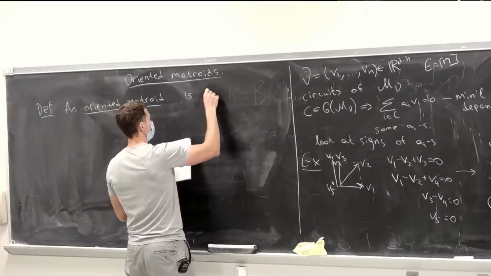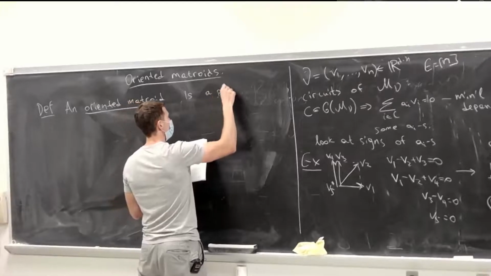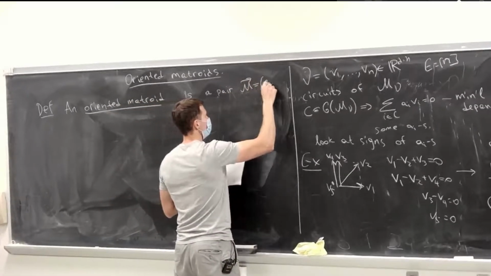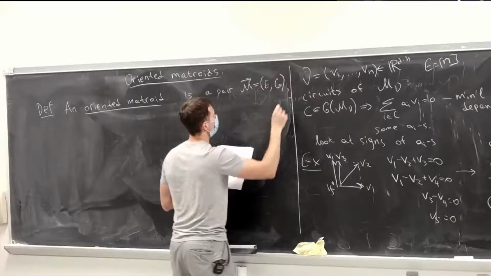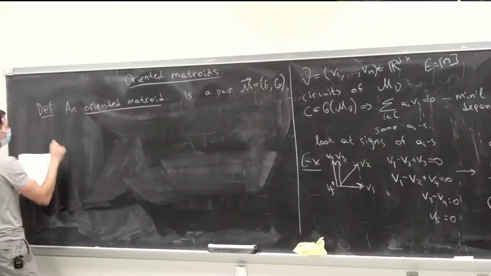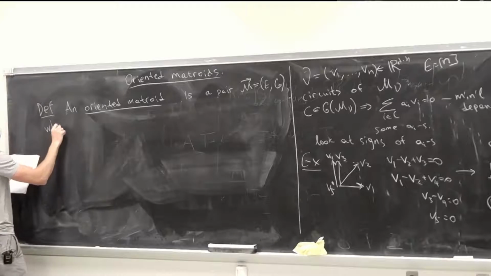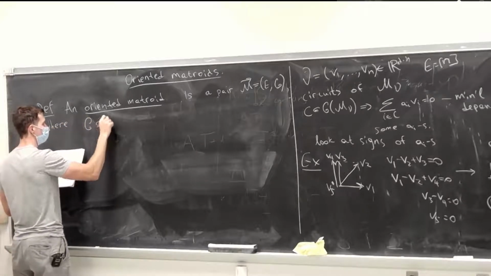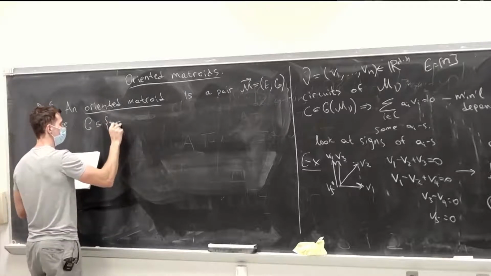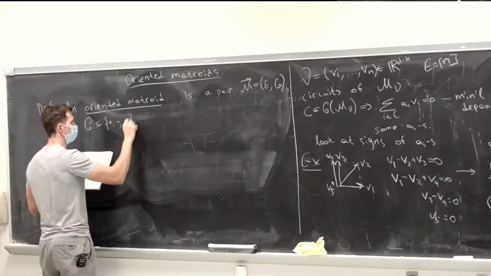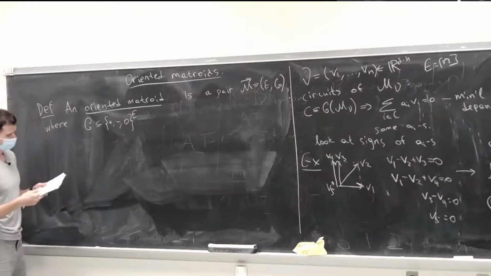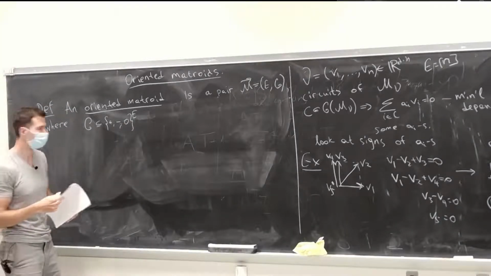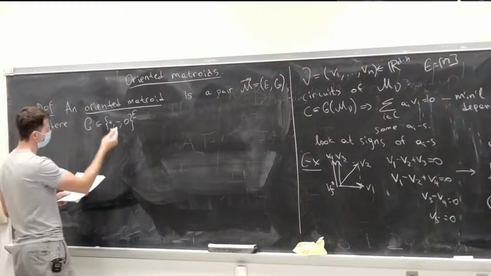For now, it's going to be a pair M, E, C, where E is a ground set as usual, and C is a collection of signed vectors, plus minus 0 to the E. That's going to be my collection of signed circuits of a matroid. And it has to satisfy a bunch of axioms.